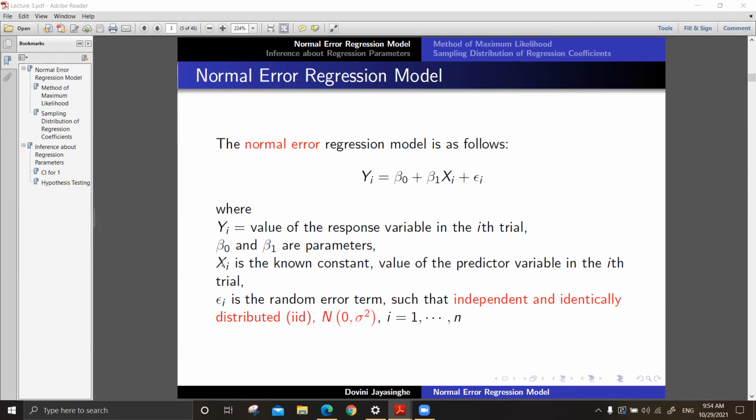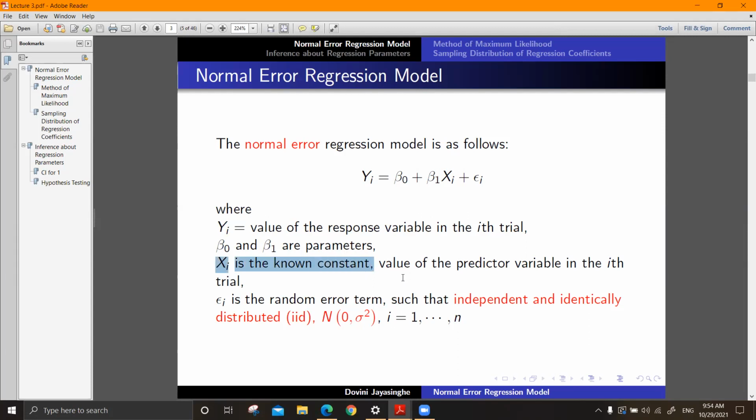Xi is the known constant. We take x as a constant, although it is a variable. We consider the model at each x level, so it is a constant. Value of the predictor variable in the ith trial. Epsilon i is the random error term such that it is independent and identically distributed.